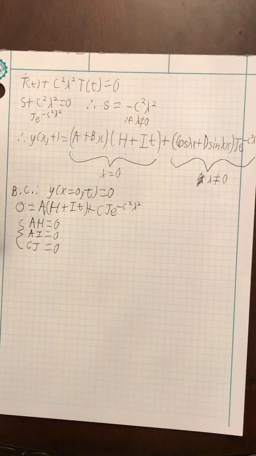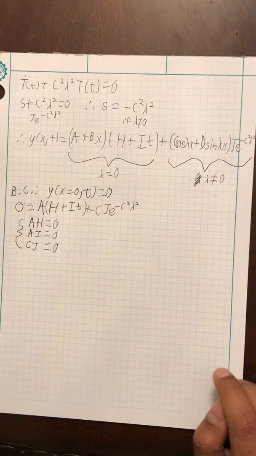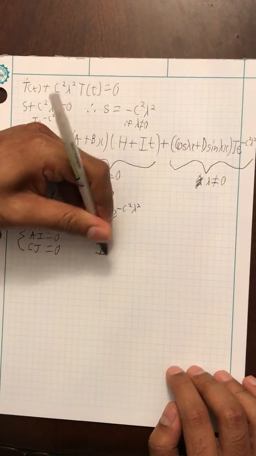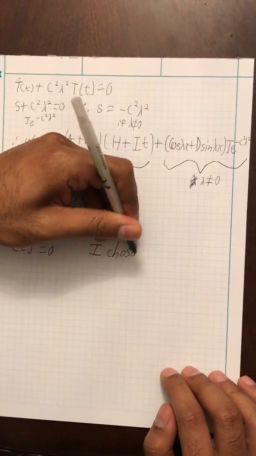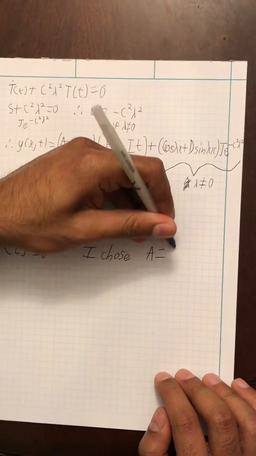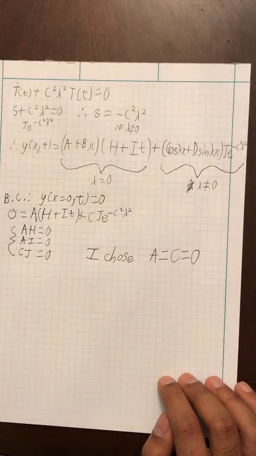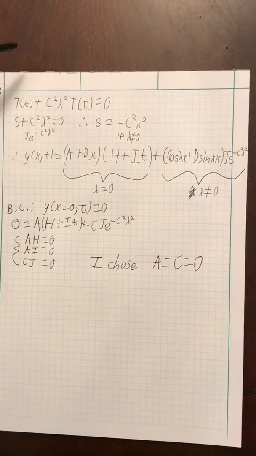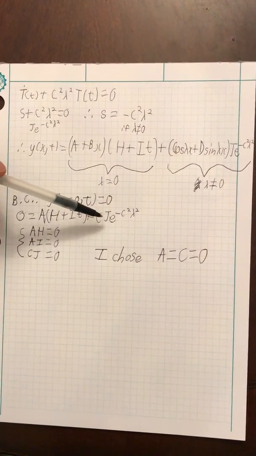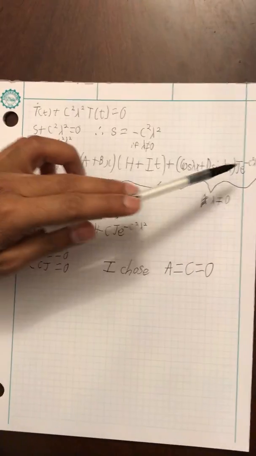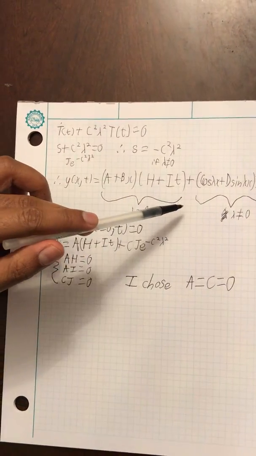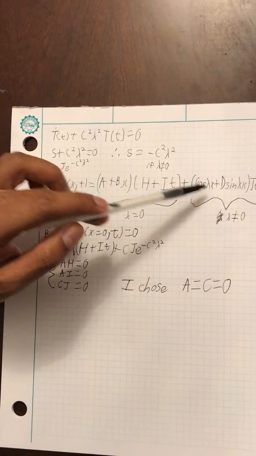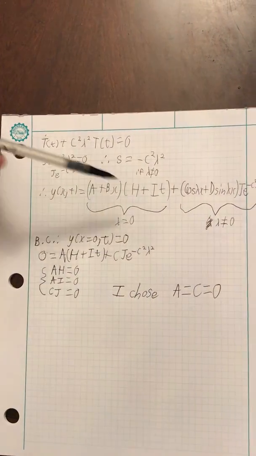Now from these three, we have a choice as to which ones we can choose. I personally chose to use A equals C equals 0, and I'll explain why. If I chose J equals 0, then this all gets crossed out for the lambda does not equal 0 term.